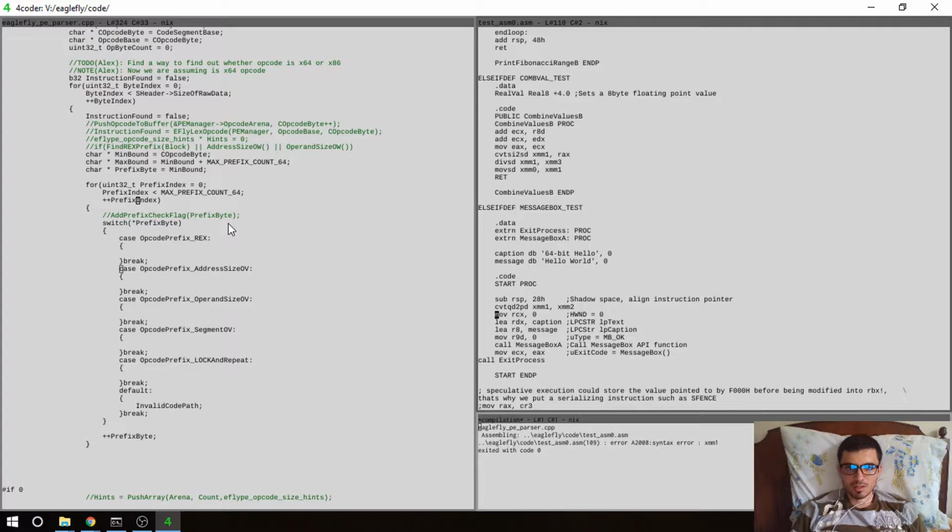So the assembler doesn't understand the XMM registers, so probably they have a different syntax.